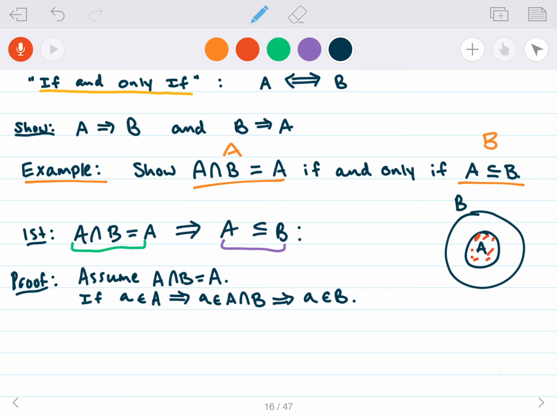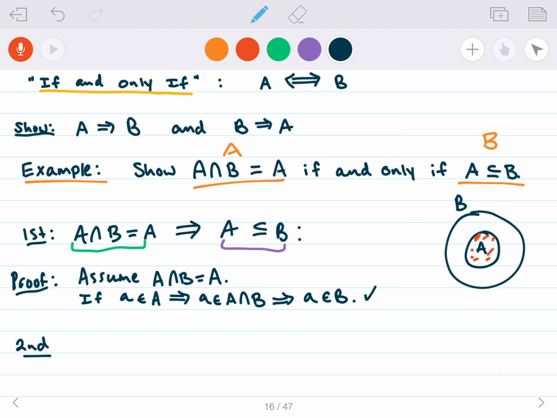If it's in A intersect B, it's going to be in B. Okay. So that was that direction. Good. So that shows that A is contained in B. Now let's show the other direction.